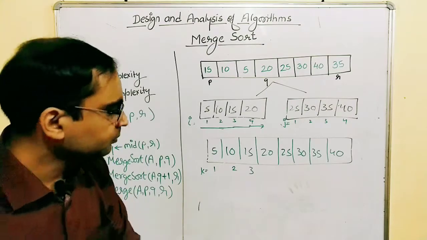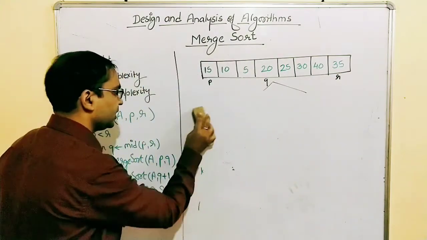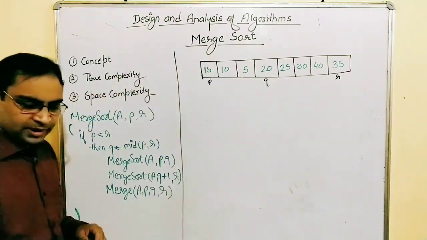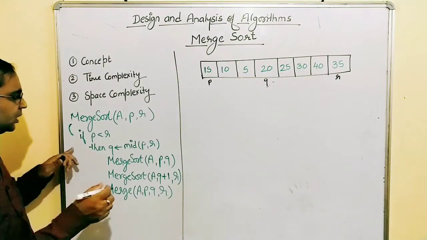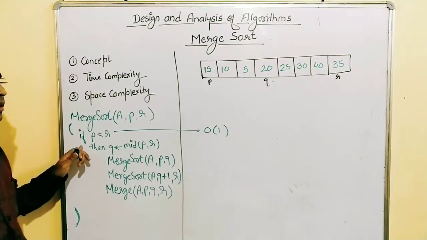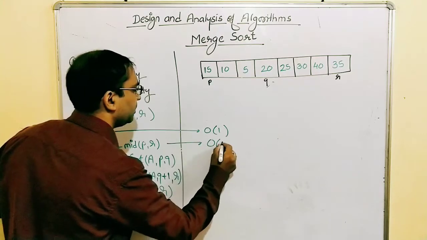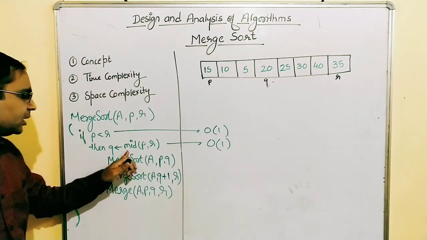Now let me show you the time complexity of this merge sort. We can see it with the help of this example. Let's say this is taking order of 1 time, because it's just a comparison, then finding the mid element will also take order of 1, because it's just a single operation.